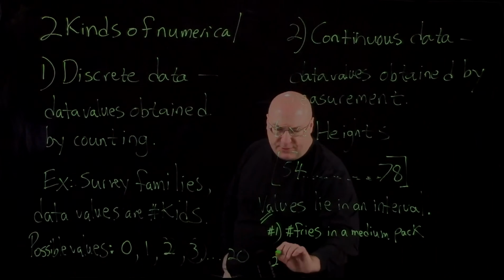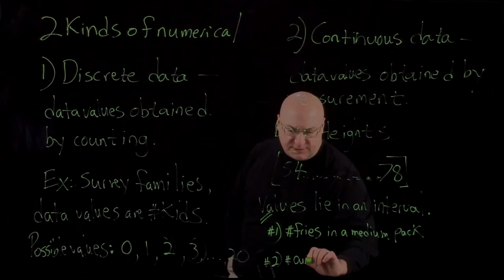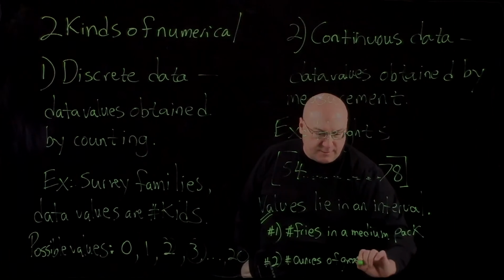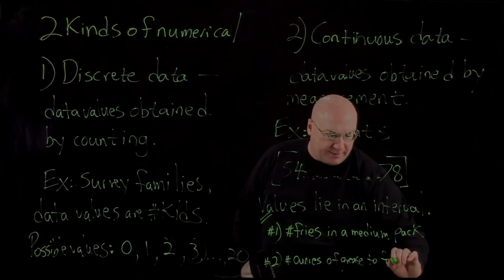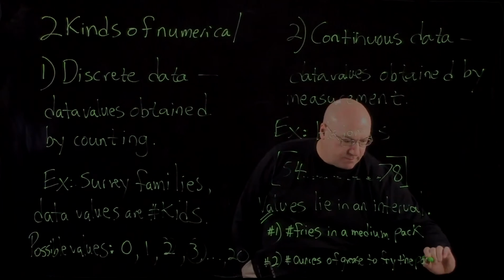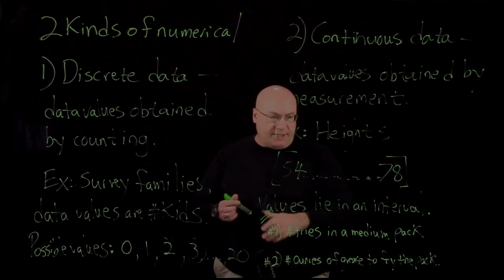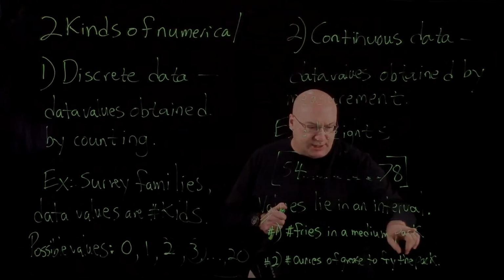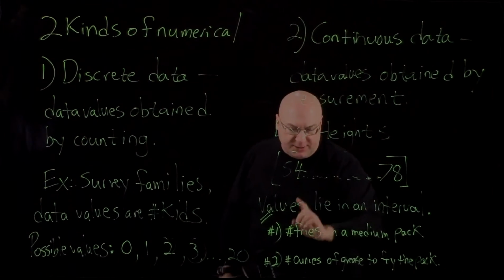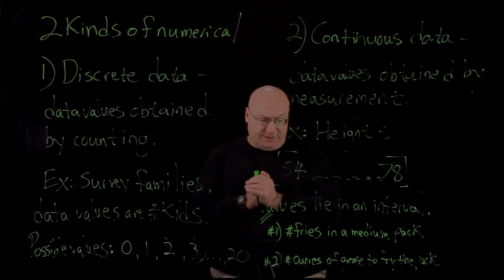And then number 2, maybe I'm asking for the number of ounces of grease to fry the pack. Okay, so pause me and think about it and write down what you think this kind of data would be. Would this be an example of discrete or continuous? And do the same for number 2. So please pause me and then we'll see if you get it right.